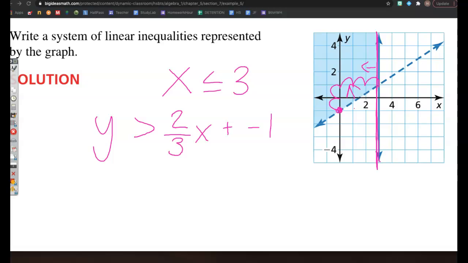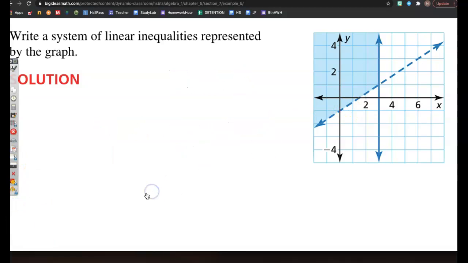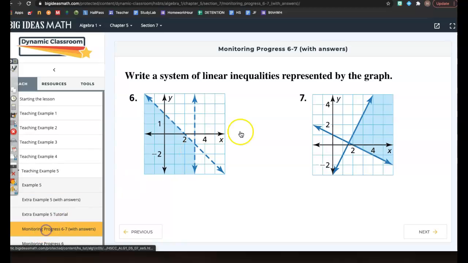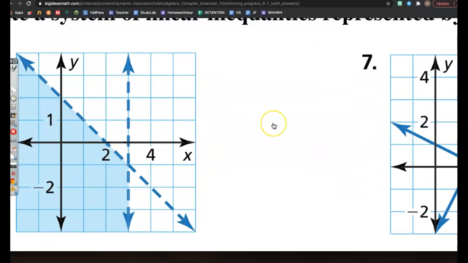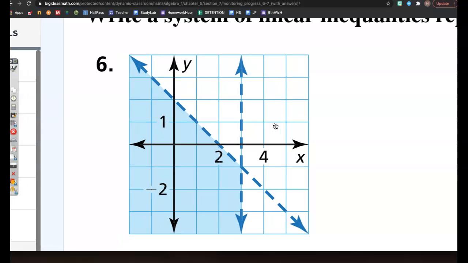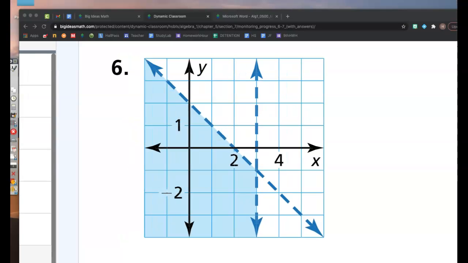Okay, let's practice some on your own then. Number 6, go. Tell me the equation for this one. X is less than 3.